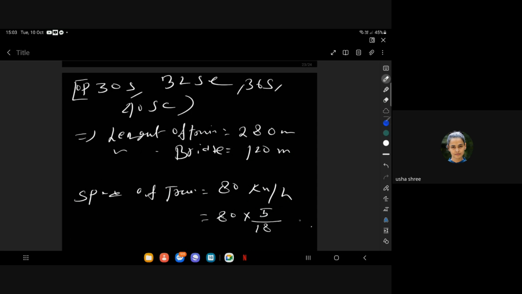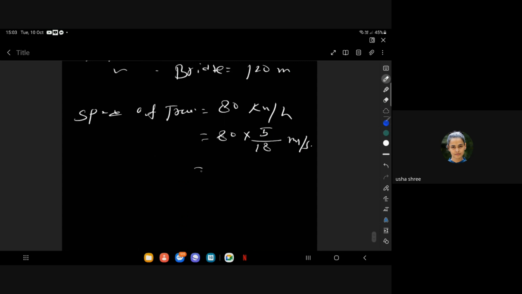So 80 into 5 by 18 will give you 200 by 9, that is 22.2 meter per second.